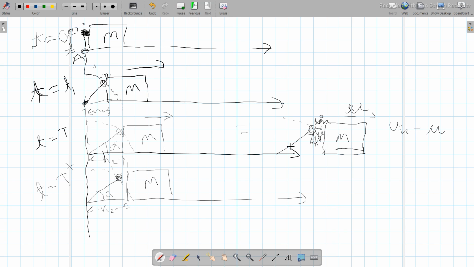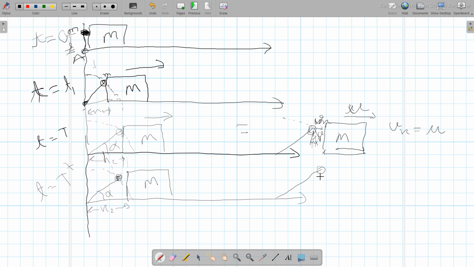Similarly, this will have two accelerations.